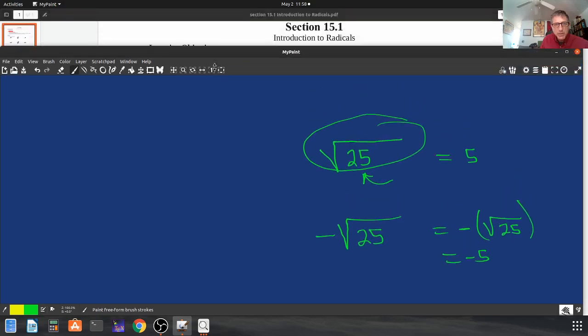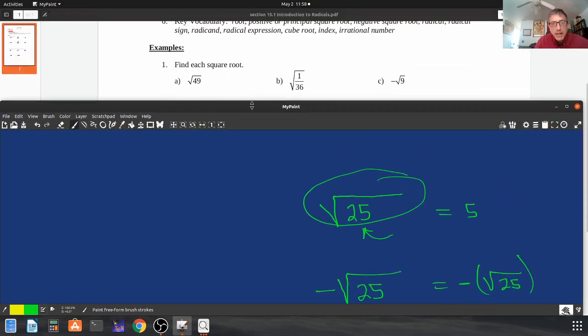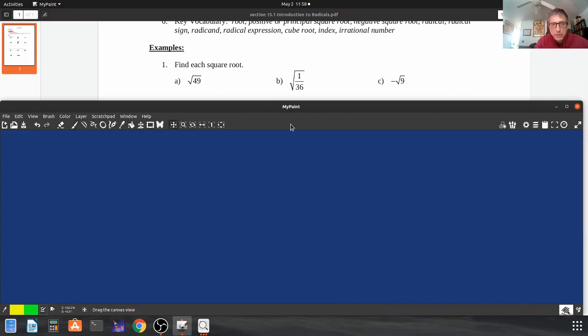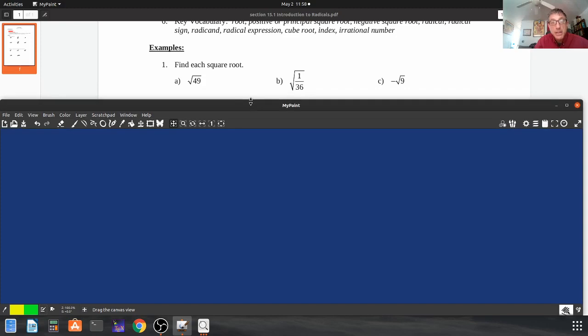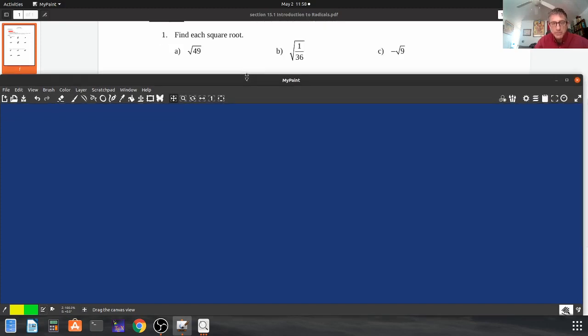Really, the only thing we're going to do right now is find square roots. We're going to use the fact that this symbol always denotes the positive square root, and we're going to use the definition. We're not going to use a calculator. So for 1a, we want to find the positive square root of 49.